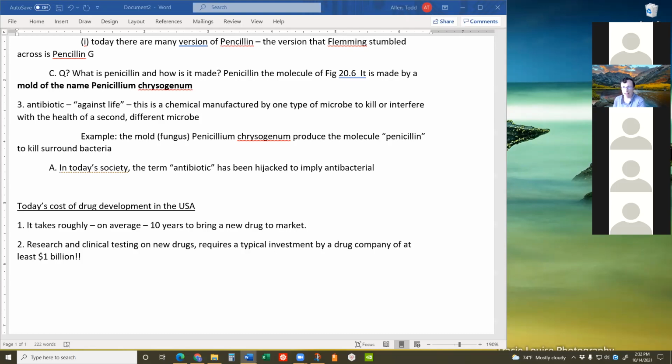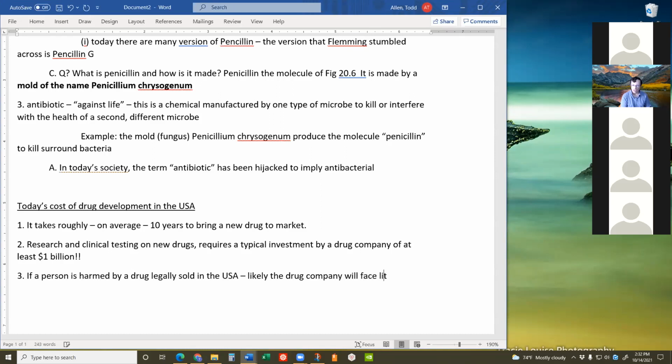So let's think about that for a moment. If a person is harmed by a drug legally sold on the market, likely the drug company will face litigation.